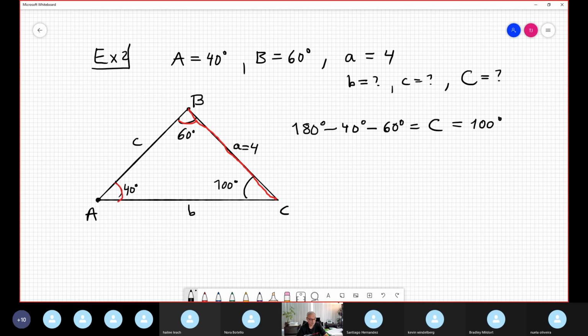And you apply the law of sine 2 times. Remember, my goal is to find b and find c. Therefore, mandatory in my law of sine, I'm using the a, which is the only side that I have in my hand. Sine A divided by a is equal to sine of, sorry, B. Professor, the result of C is not 80 degrees.